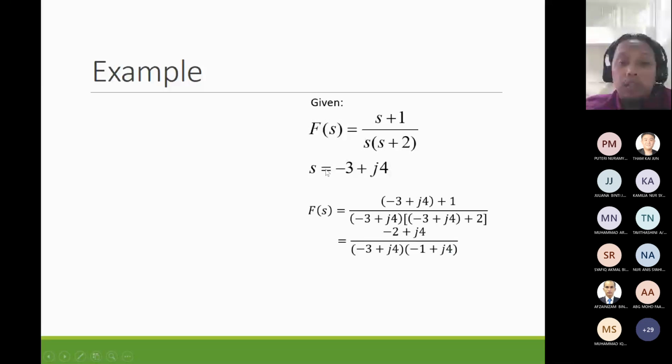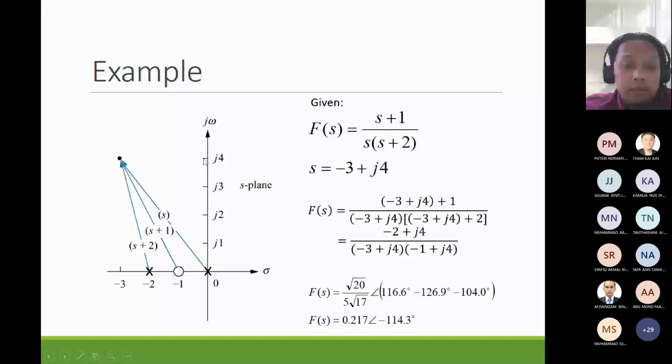So you want to determine, at this point on this transfer function, what will be the magnitude and direction. So at this point, minus 3 plus j4, what will be the magnitude and direction on this transfer function?